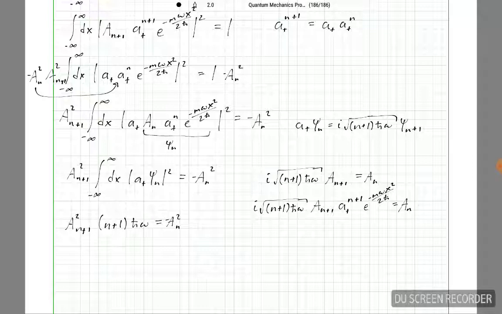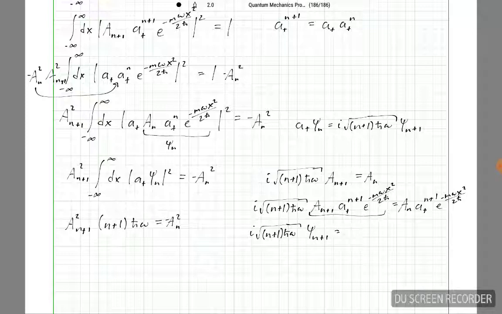We're going to do that same idea where we break apart that ladder operator to the n plus 1 power and put 1 on the other side. So this one here just flat out is psi n plus 1.